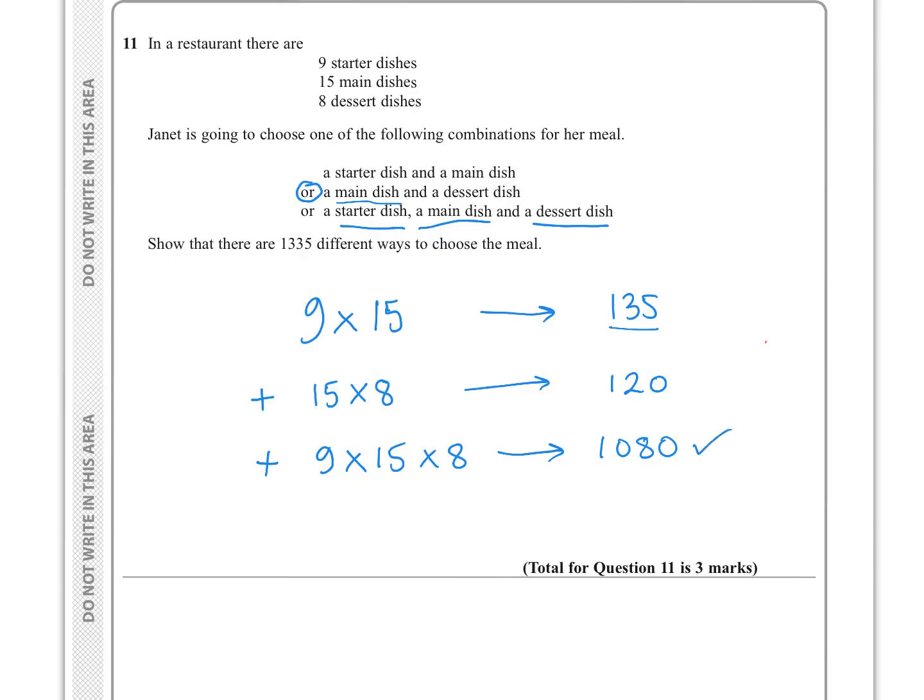Then all I'm going to do is add these together, and we're going to get 1080 plus 120 plus 135, and that is 1335 altogether, which is what we wanted to show.